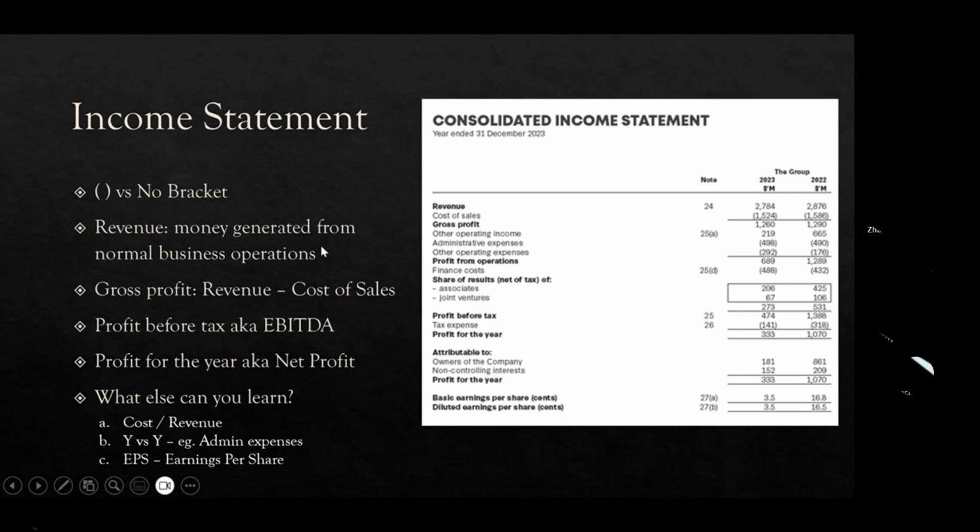So let's put our attention to this particular line item called administrative expenses, right? So usually administrative expenses is salary of the staff, right? So you can see that in 2022, CapitaLand paid out 490 million to all the staff within the CapitaLand group in 2022. Okay. In 2023, what do you see over here? 498, right? So there's an increase in 8 million of administrative expenses.